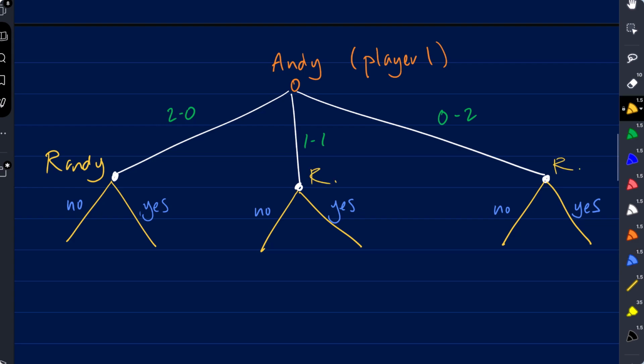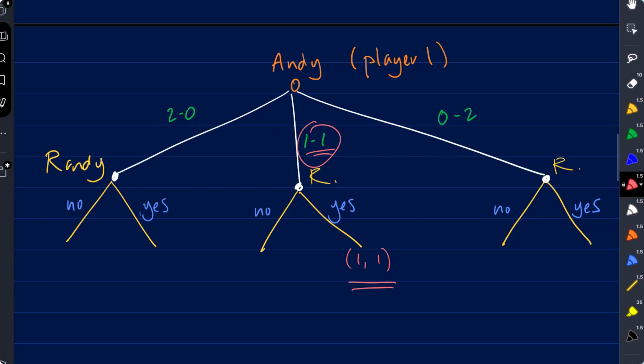All right, now we need payoffs, just like in any game. So we'll start with the 1-1 split. If Andy proposes 1-1 and Randy says yes, we'll say that their payoffs are 1-1. The 1-1 split is between the two items, and this 1-1 payoff is utility numbers, but we'll just keep it simple like that.